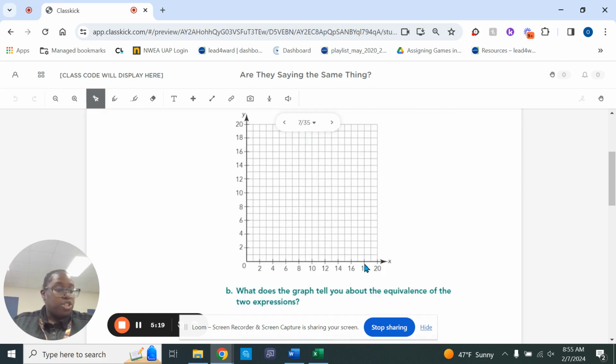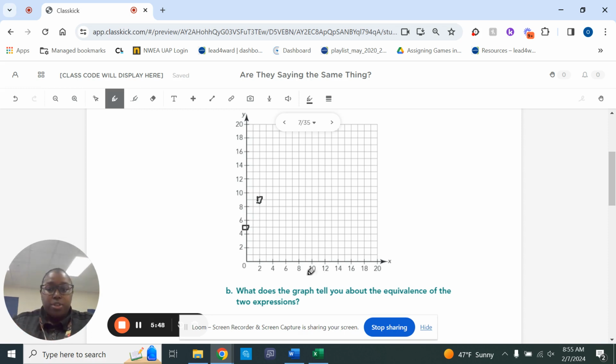So for our first expression, we had 0 and 5. So at 0, we were at 5. I already know each line is worth 1 because we went from 0 to 2 with a line in the middle. So 0, 1, 2, 3, 4, 5. Next was 2 and 9. So 9 is in between 10 and 8.